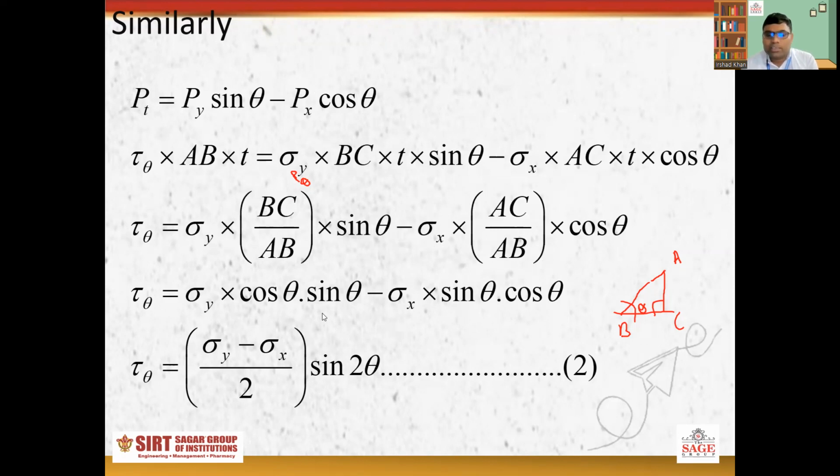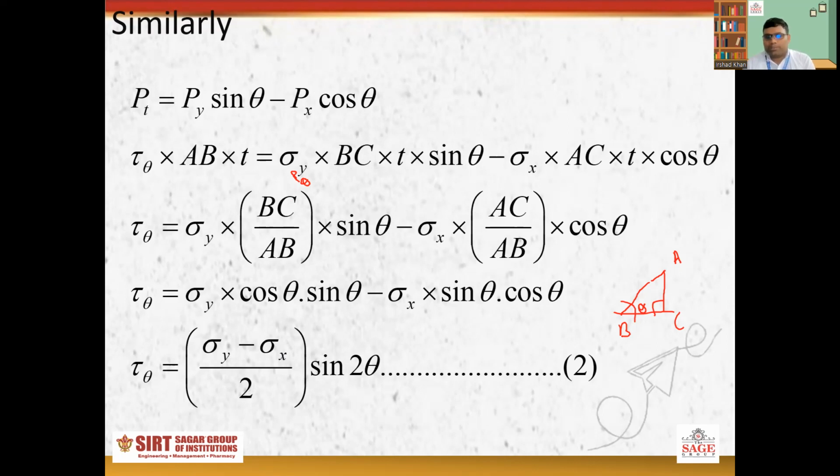So we can write sine theta cos theta and sine theta cos theta. Just take sine theta cos theta common. So it becomes sigma y minus sigma x, and sine theta cos theta we can write as sine 2 theta by 2. So it can be written as sigma y minus sigma x by 2 sine 2 theta. This is the expression to find the shear stress on the inclined plane.